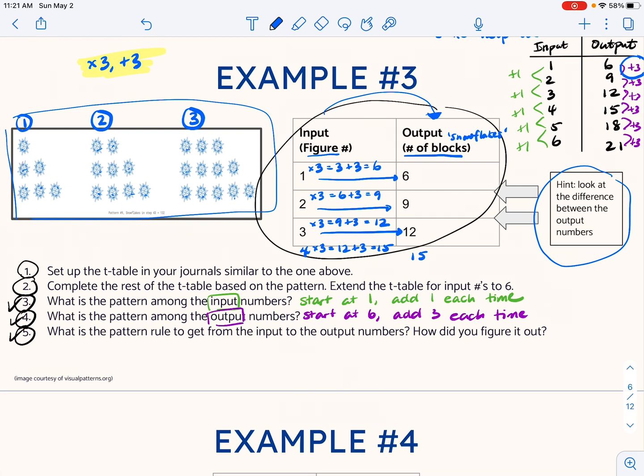So what is a pattern rule to get from the input to the output numbers? Okay, so what we're doing is we multiply the input number by 3, then add 3 to get the output numbers.